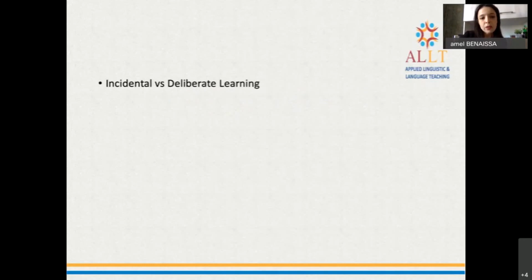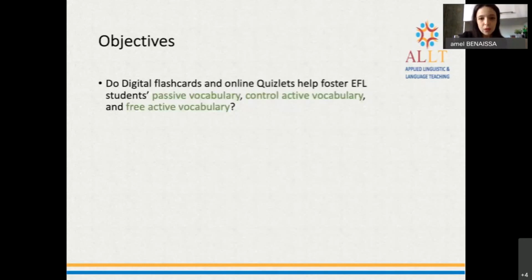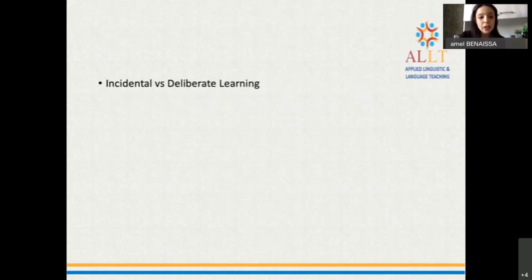Well, there are two ways of learning, and vocabulary can be acquired and it can also be learned. Incidental learning is the natural one, which means acquiring a language subconsciously without any effort.